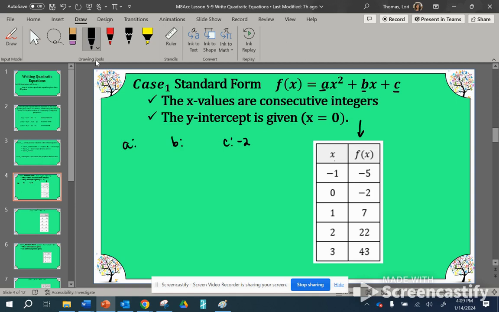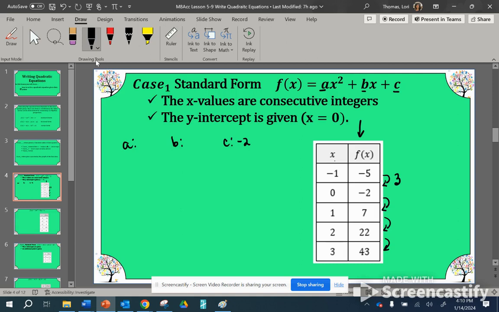To find the A value, we're going to find what's called the first difference. That means we're going to find the difference between the outputs the first go around. From -5 to -2 is a change of 3. That's the difference between these two outputs.